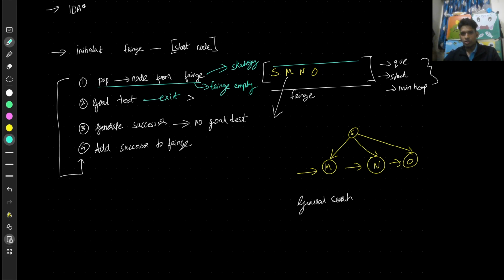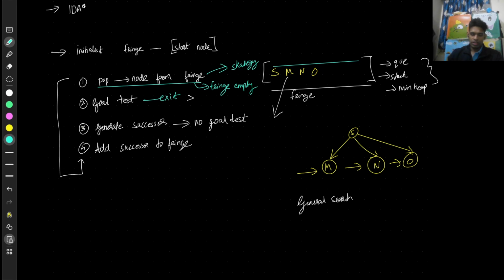The last node that you put inside has to come outside first. That is the strategy there. The only difference between DFS and BFS in terms of the general search algorithm is the strategy of popping from the fringe, or defringing.